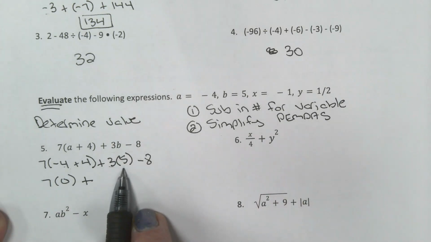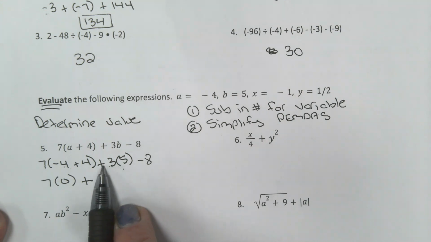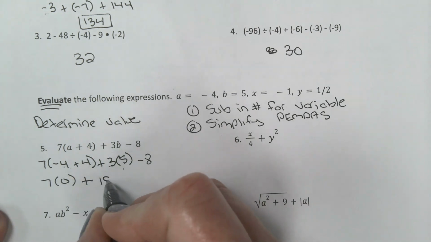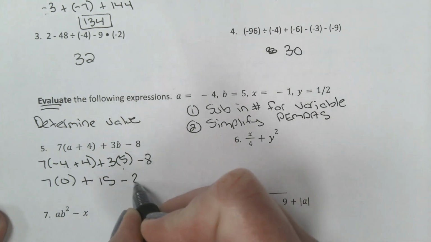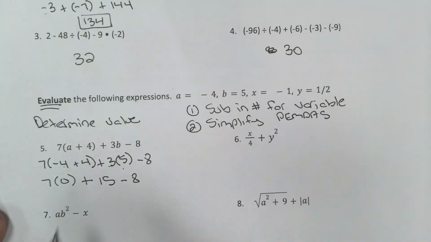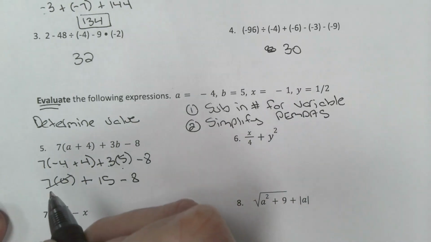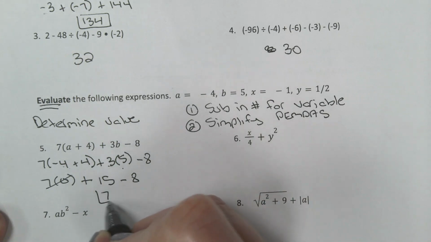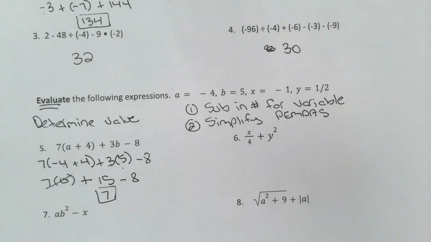I know I'm not supposed to do multiplication yet, but when it's separated by a plus and a minus sign, it's kind of trapped in the middle and it doesn't actually hurt anything. So that is 15 minus 8. Well, 7 times 0 is 0. That's gone. So 15 minus 8 just gives me 7.